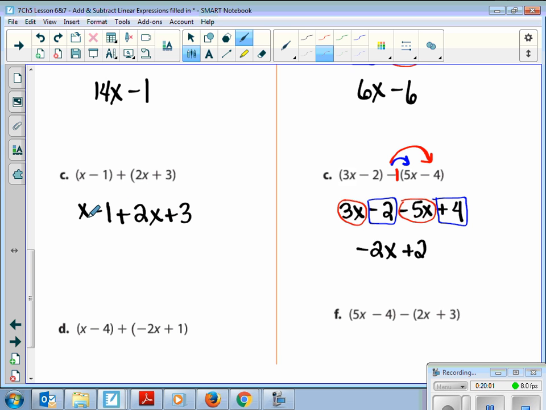So now when we combine our like terms, let me just point them out to you. We have the x and a positive 2x. And we have a negative 1 and we have a positive 3. So when we put those together, x plus 2x, of course, is 3x. And negative 1 plus 3 is a positive 2.